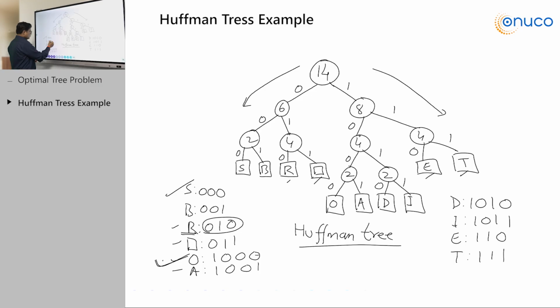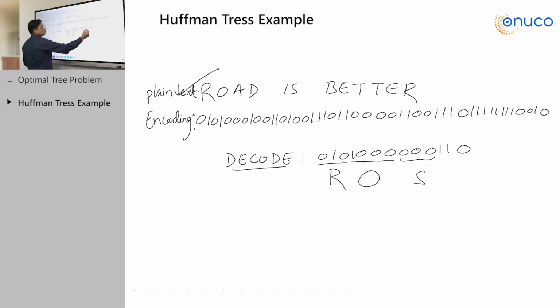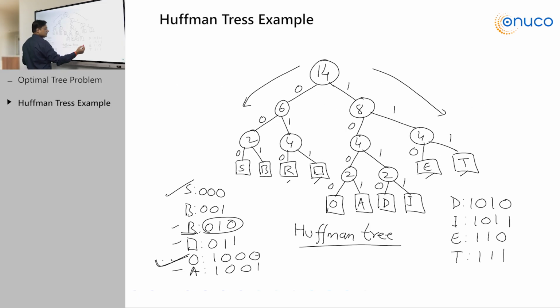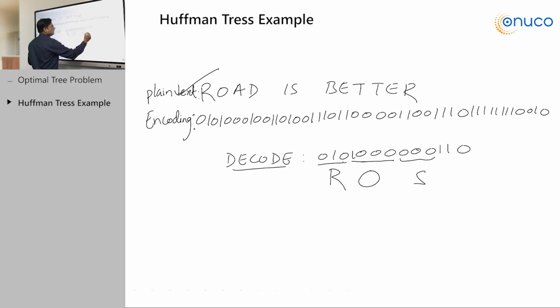This is not 1 1. After 1 0 0 is there, fail. These all start with 0, fail. After 1 1, double 1 we have 2 cases, E and T, but what is the last? 1 1 0. In that case 1 1 0 is E. So our final answer will be E.